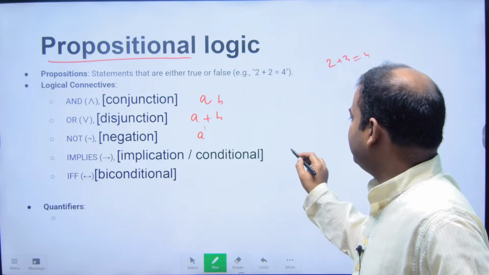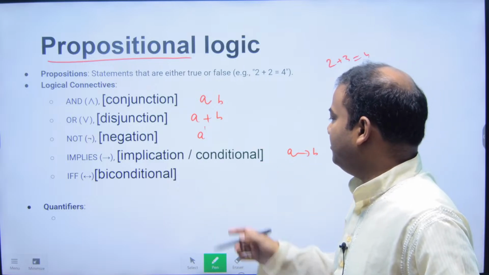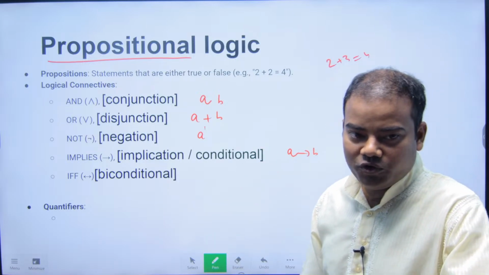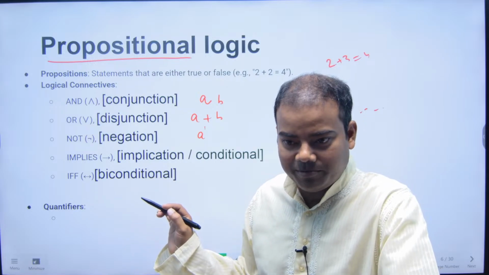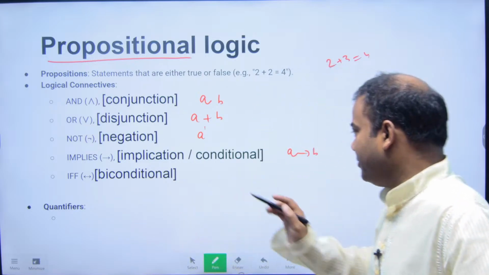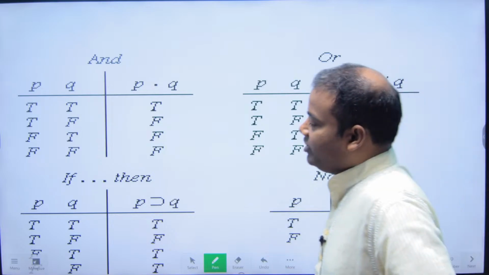Implies is the same thing, and the biconditional is this. Do you remember those things? You can make a truth table. You will just check that. Can you verify this truth table?